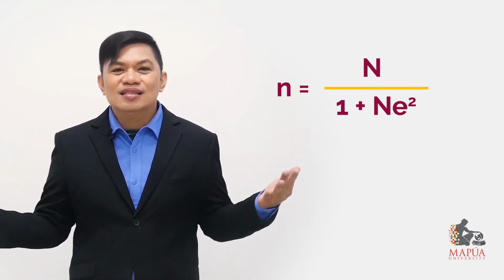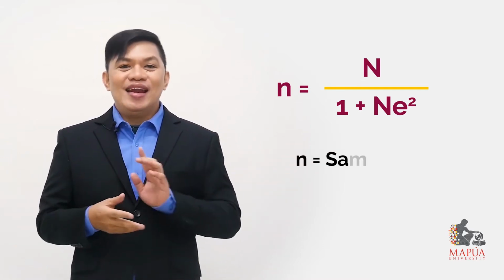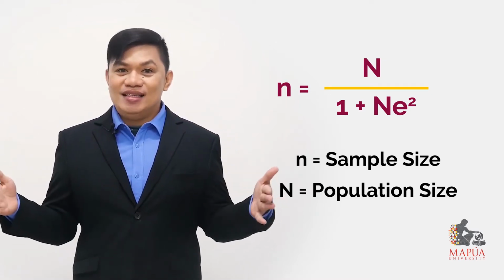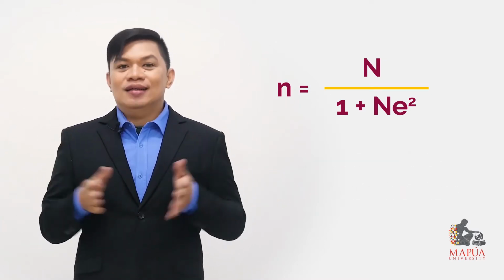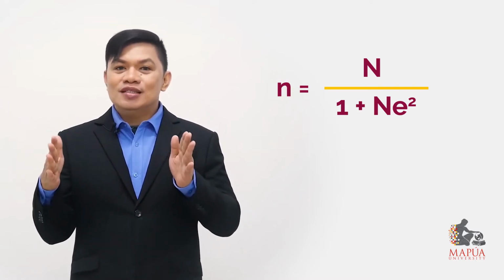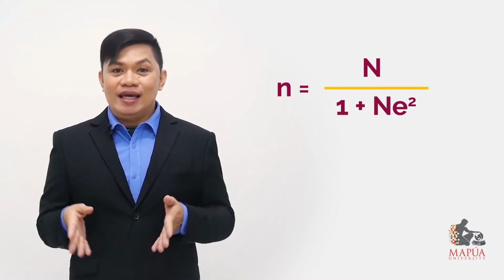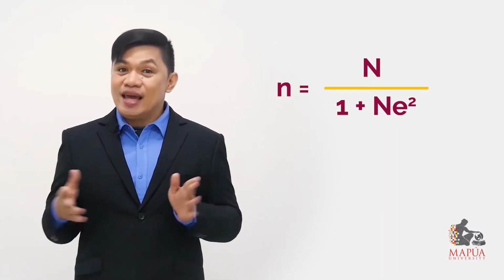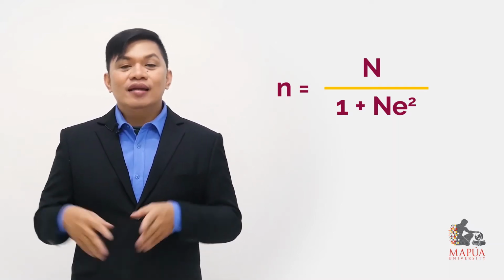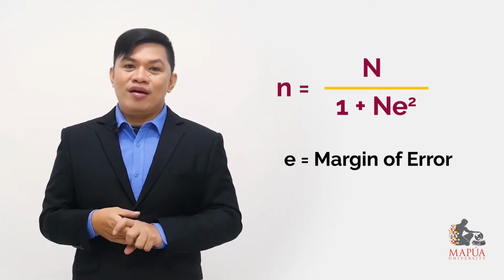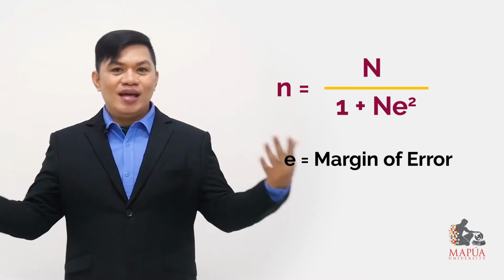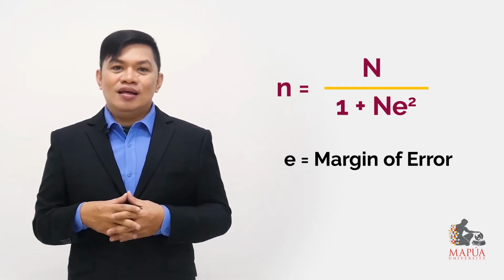So what are these? Well, the small n is the sample size. The capital N is the population size. So you know your population size. It's the capital N. What we want to compute is the sample size, which in this case is the small n. Then there is what we call the margin of error. It's denoted e in this case. That's exactly what you hear in the surveys.